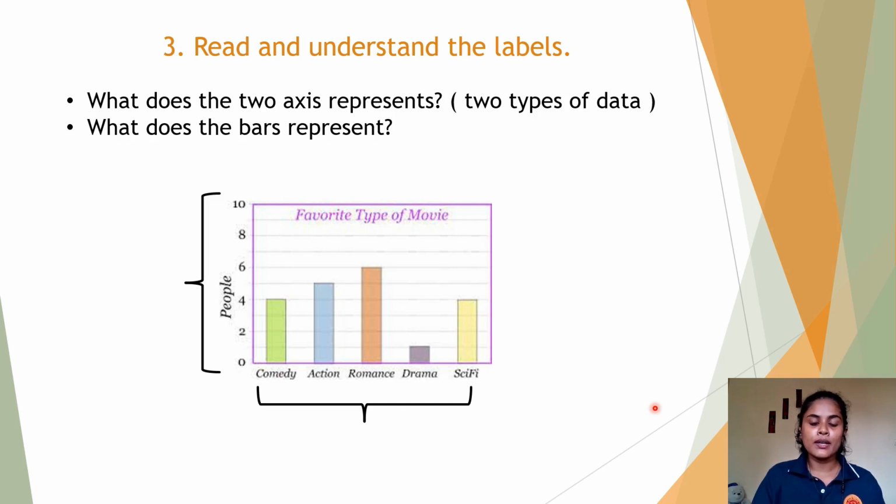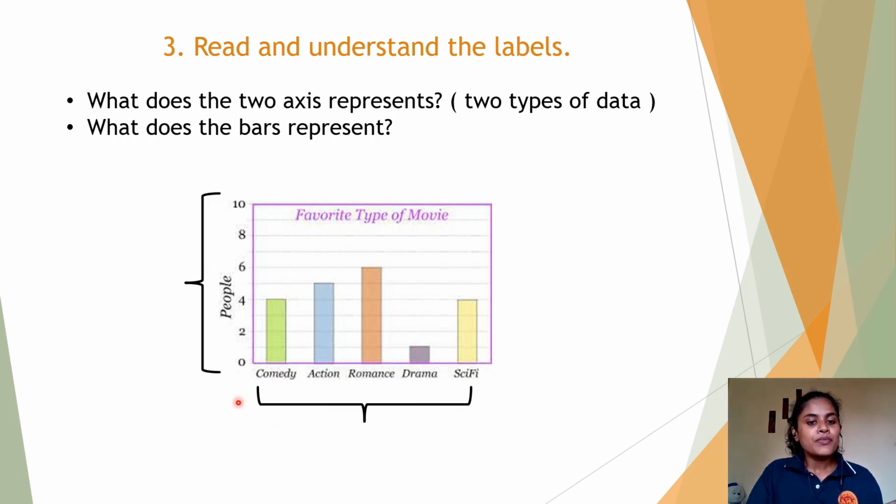Here we have to know what these bars represent, which means we have to understand these labels. We have to know what this x-axis represents and what this y-axis represents. Since the title mentions favorite type of movie, we can see from the x-axis that these labels mean the types of movie. It can be a comedy movie, an action movie, a romance movie, a drama movie, or a scientific movie.